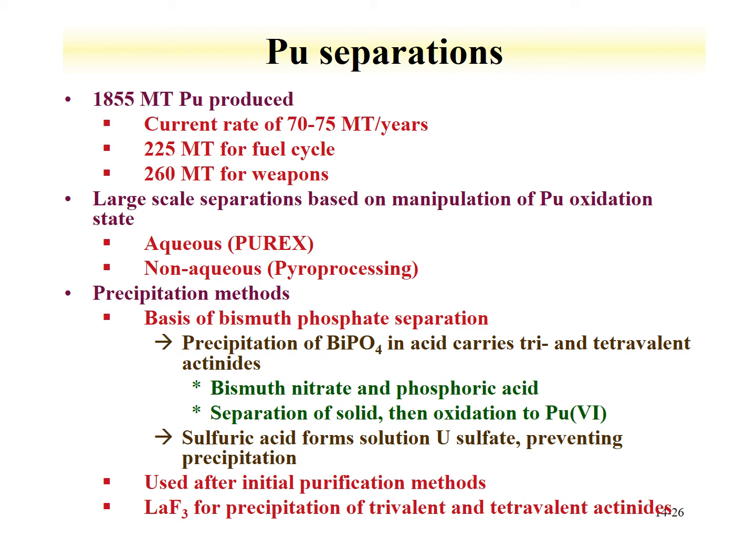The solids are then separated. If you oxidize this, the plutonium will oxidize from the 4 to the 6 and become solubilized, with the other trivalent actinides remaining in the solids. This can be used as a purification method, and things like lanthanum fluoride precipitation of trivalent and tetravalent actinides can be used to further purify the plutonium-6 in solution.